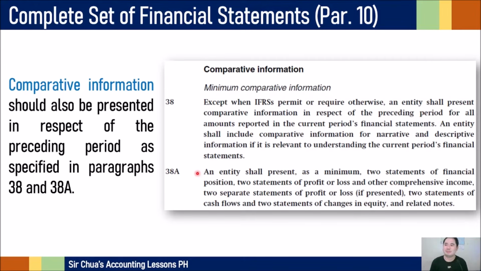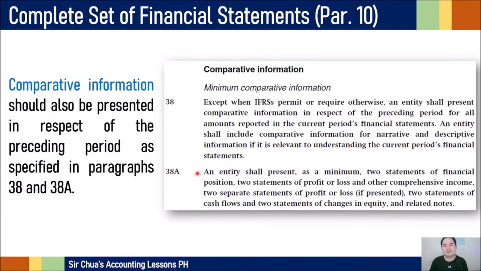Bigyan ko kayo example. Sa ating pong company information sa notes to financial statements, minsan nire-report po kasi doon yung number of employees, no? So, yung number of employees based on payroll, ire-report mo kung ilan employees for 2021 and 2020, no? So, lahat po ng information na ipe-present mo doon is comparative, no?